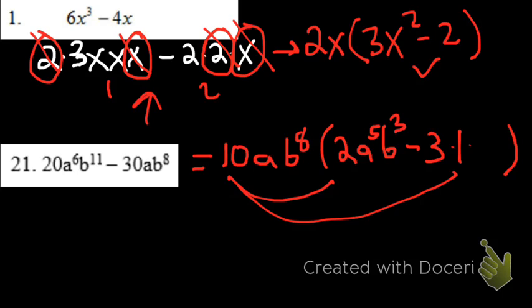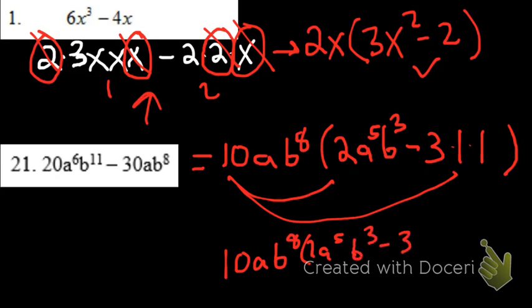And then b to the 8th times 1 again will give us b to the 8th. So we're going to put another 1 there. But it's really not nice to write 3 times 1 times 1. So your final answer, it's not considered simplified if you do that, would be 2a to the 5th, b to the 3rd, minus 3. Boom. There it is. Checkmate.